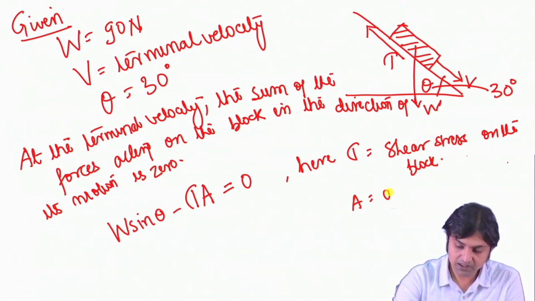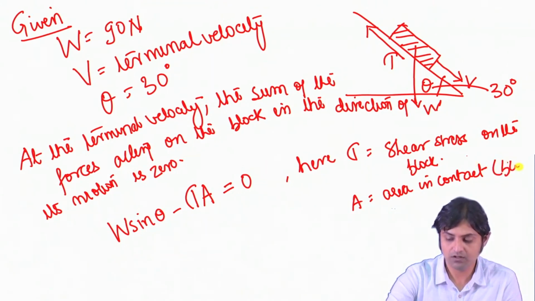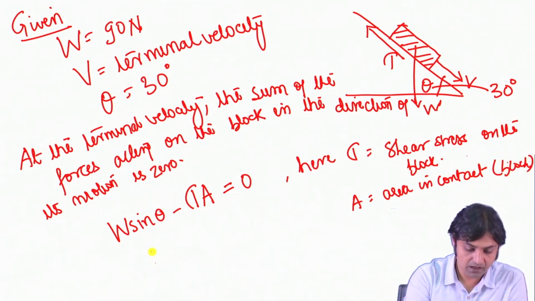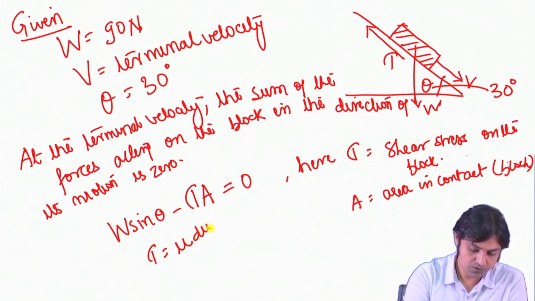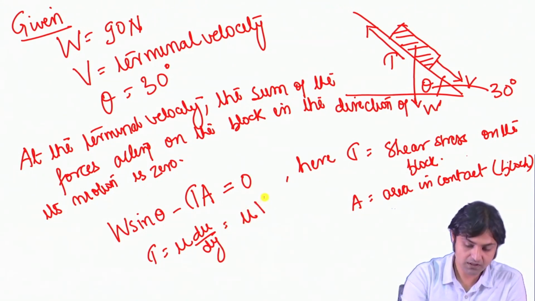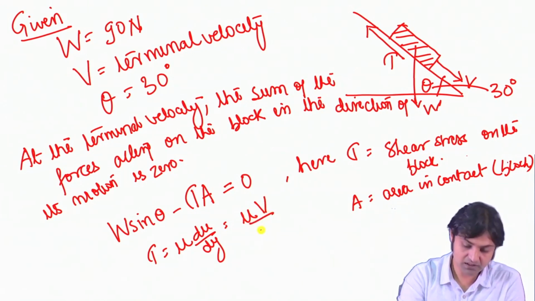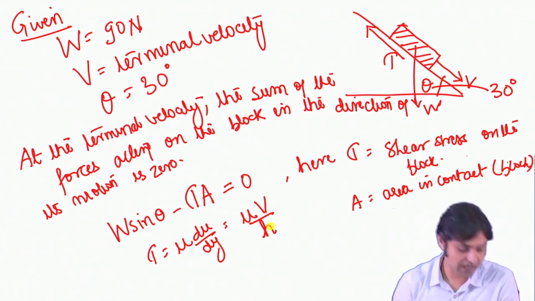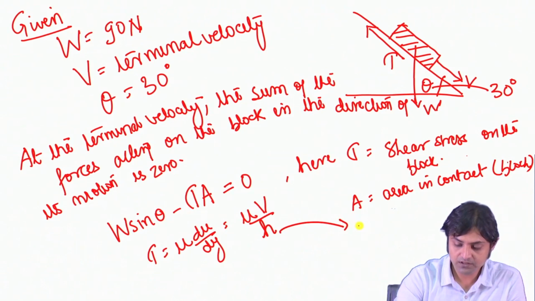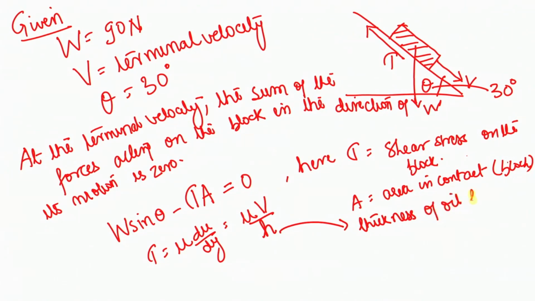Area is the contact area, or the area of the block, because the whole area is in contact, and tau is mu du by dy, or mu v by h if the terminal velocity is v, and y is the thickness h, because that is the area that is in contact. So h is the thickness of the oil film.